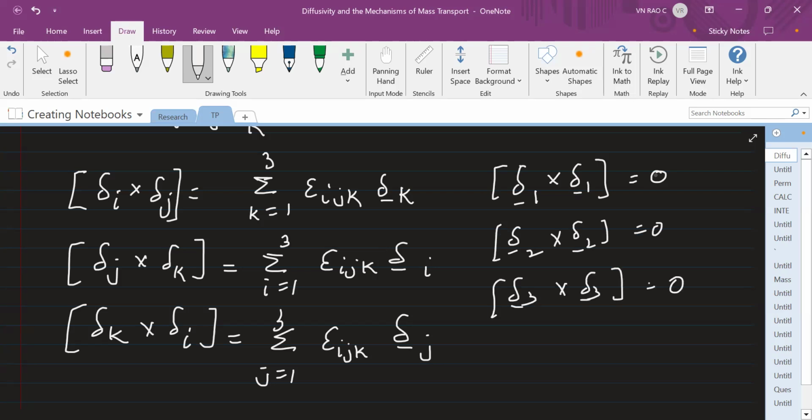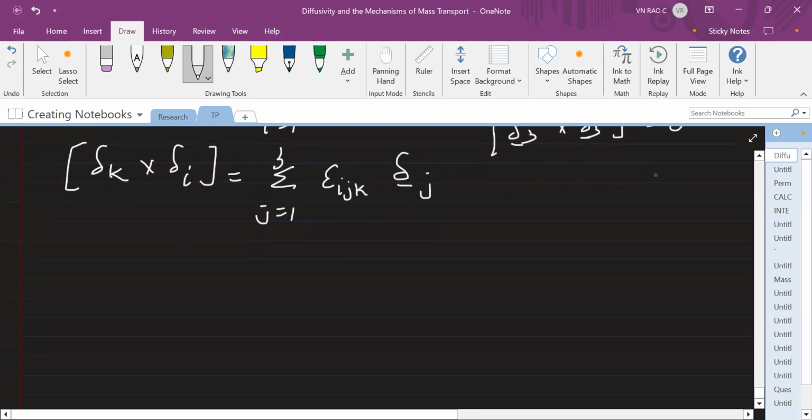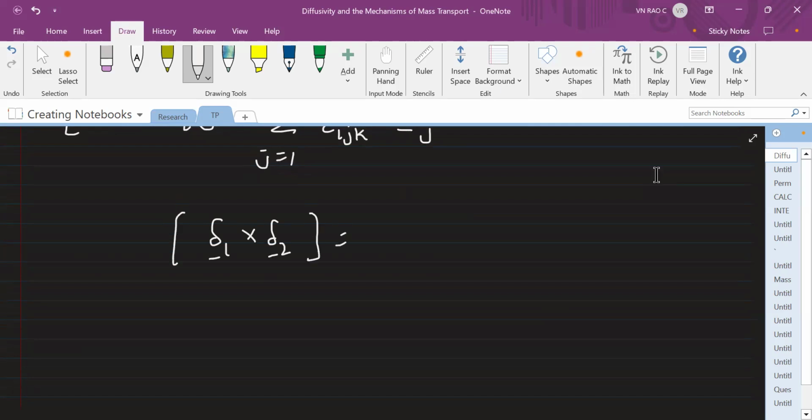By these results only, this generalization has come. Now delta 1 cross delta 2, if I write sequentially in a cyclic manner, becomes delta 3.